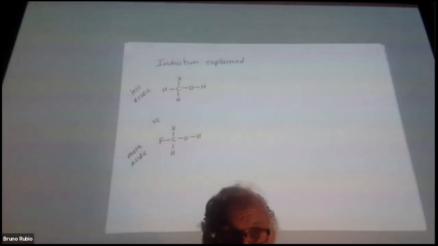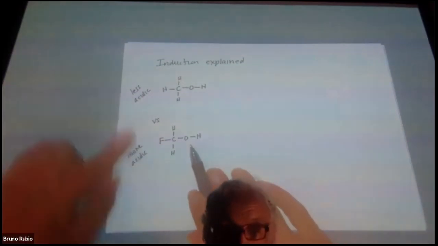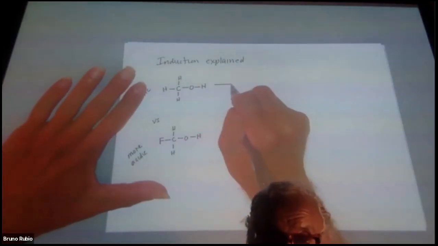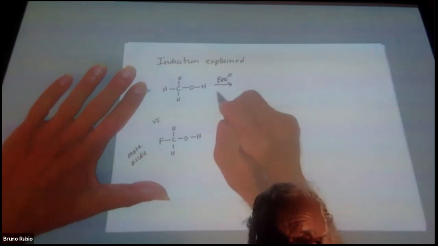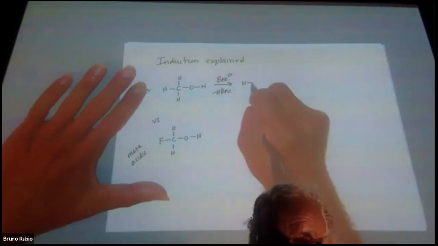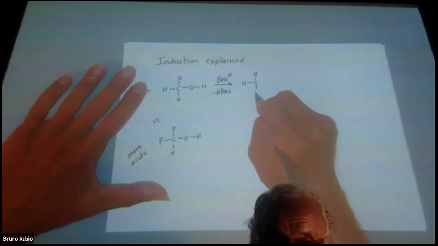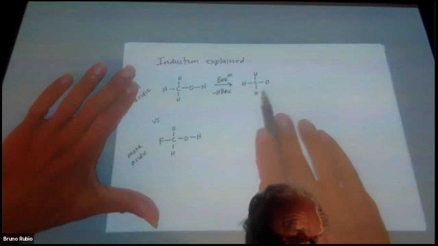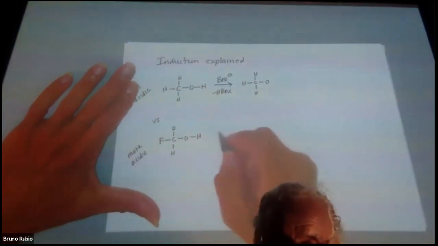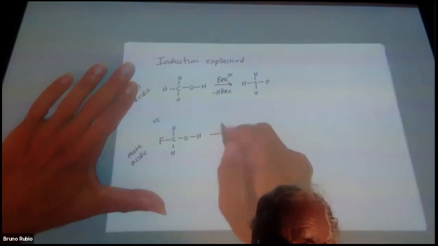Right, we have electron withdrawing groups increase acidity, so this one is going to be more acidic than that one. Well, now when we add a base to this and remove the most acidic proton, we get that. Okay, so I'm not finished drawing the structure, but I'm going to make a point about it in a minute. I'm missing a negative charge there, I'll add it in a second.